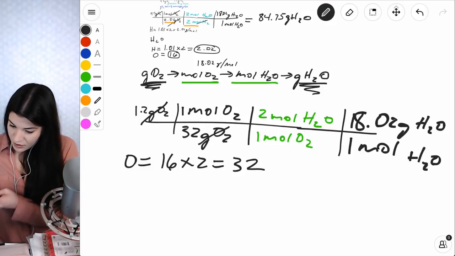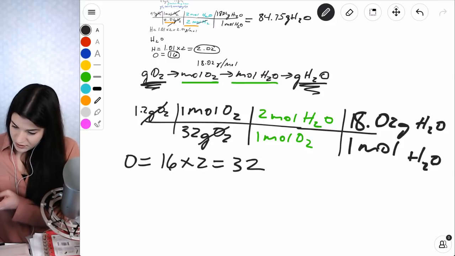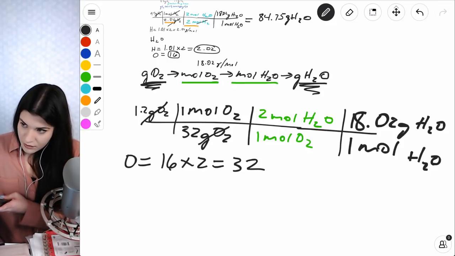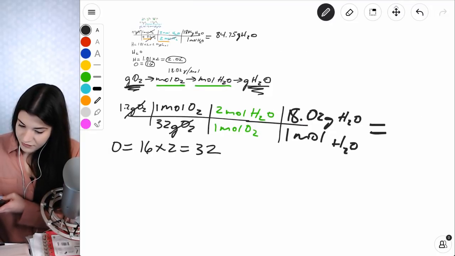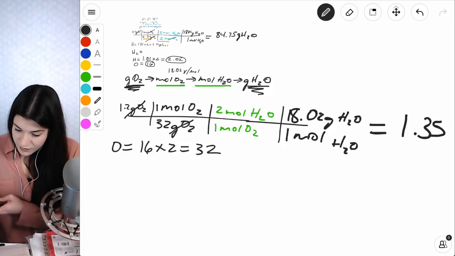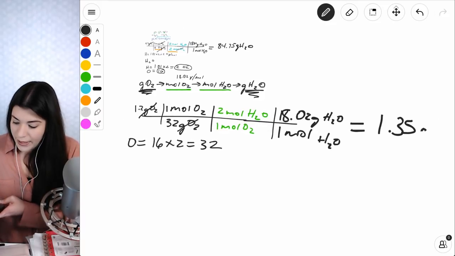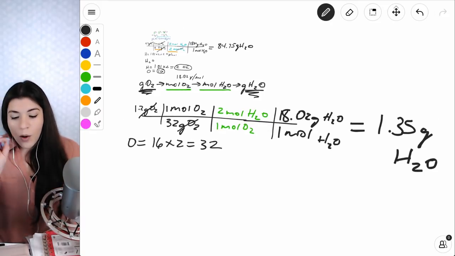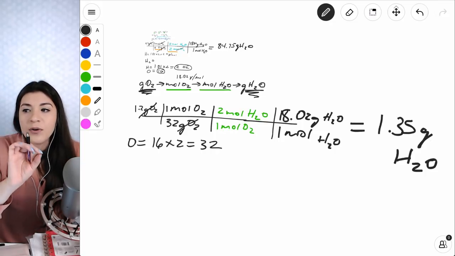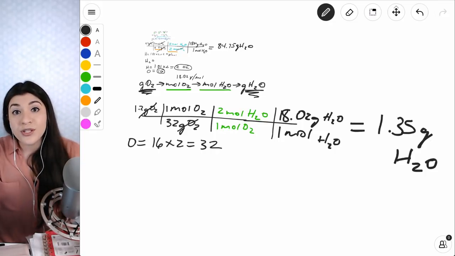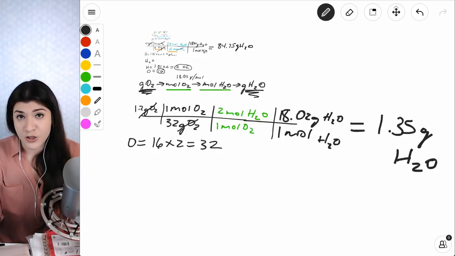1.2 times 2 times 18.02 divided by 32. There we go. So this would give us 1.35 grams of H2O. Okay, so now that we see that, what we're going to do is compare each reactant and see how much product each produced, which would be grams of H2O.